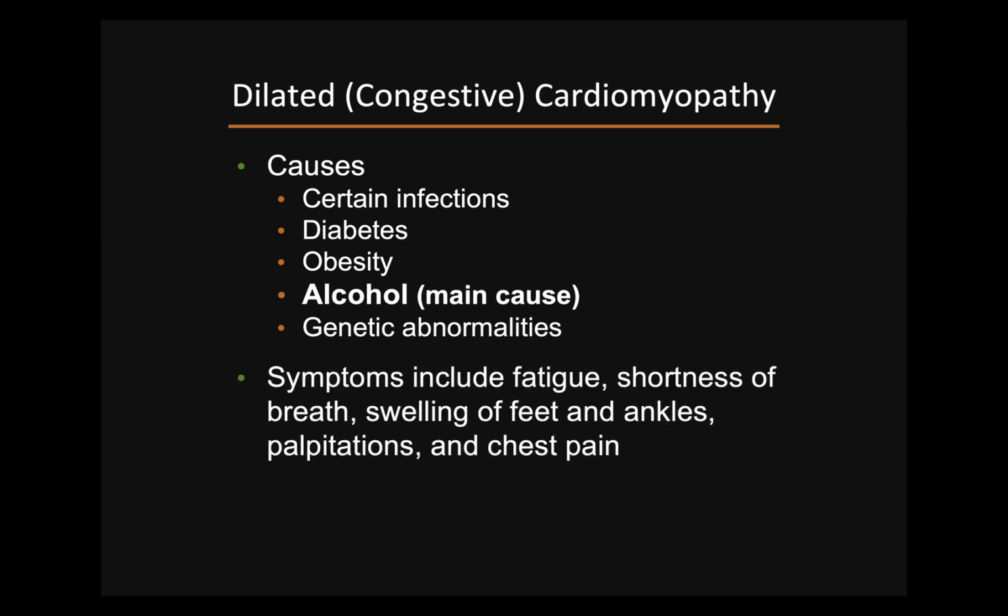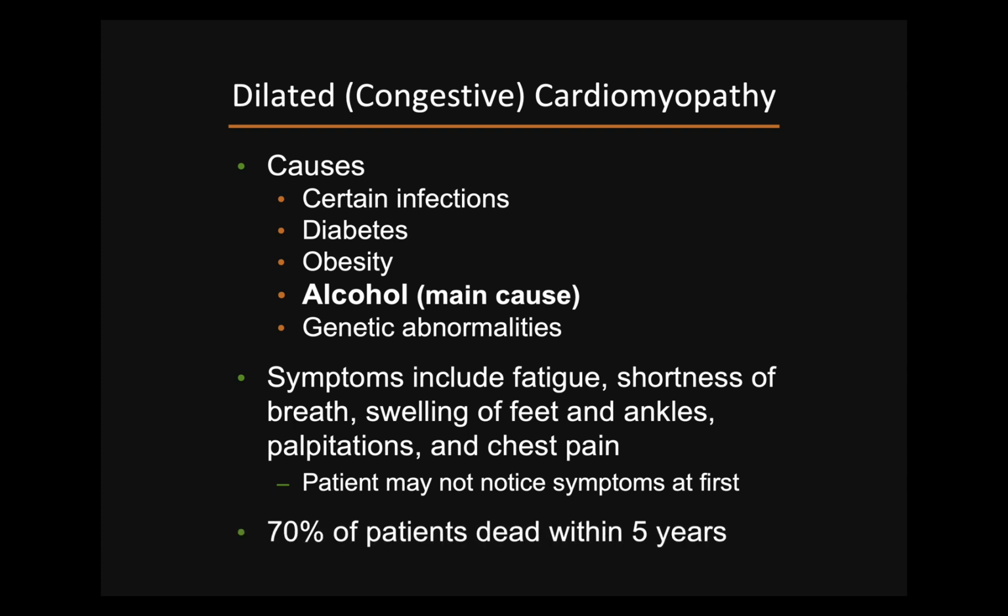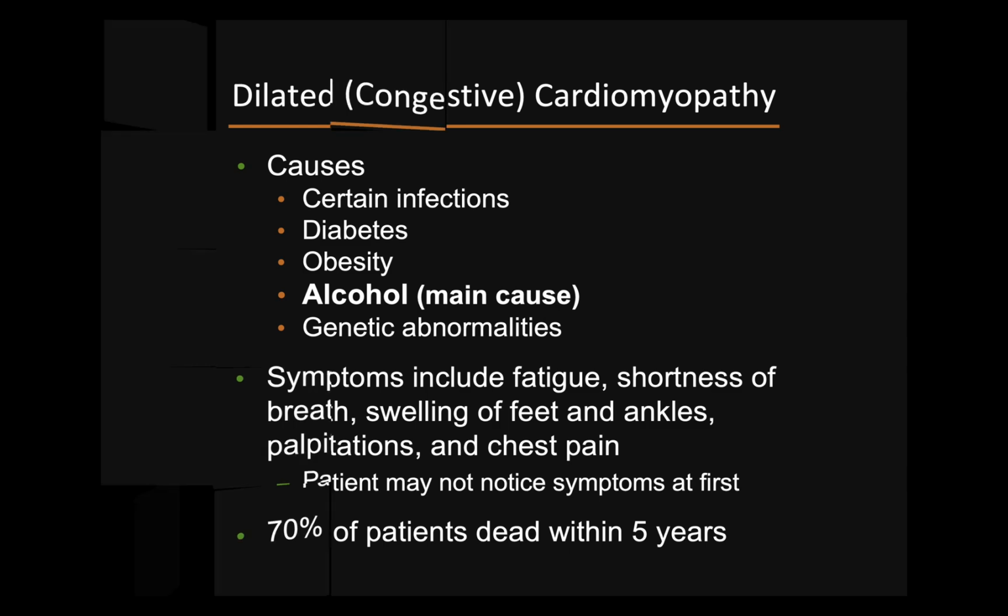Genetic abnormalities can also cause this. The symptoms include fatigue, shortness of breath, swelling of the feet and ankles, palpitations, and chest pain. And patients may not even notice any symptoms at first, but they come on gradually. 70% of patients are going to be dead within 5 years.